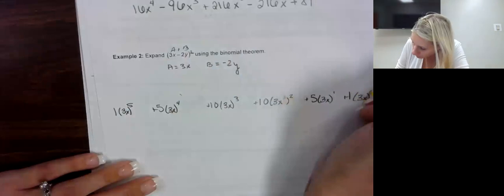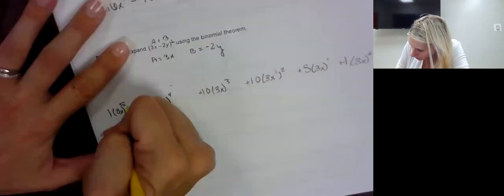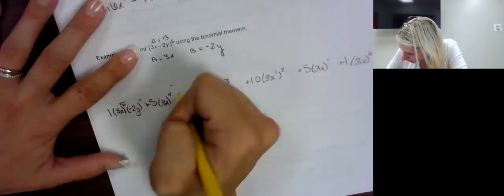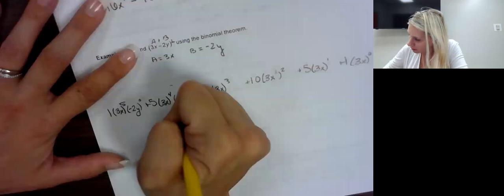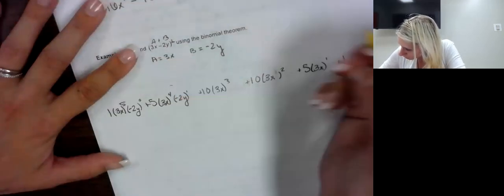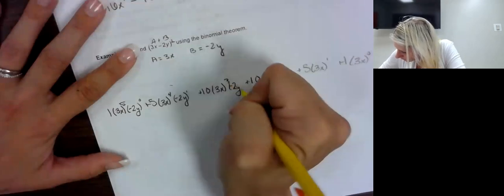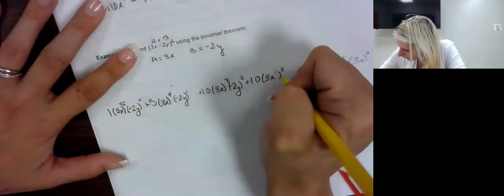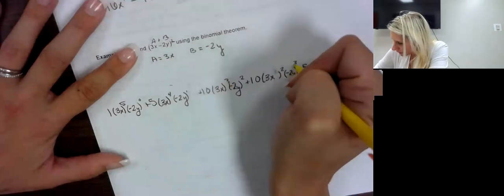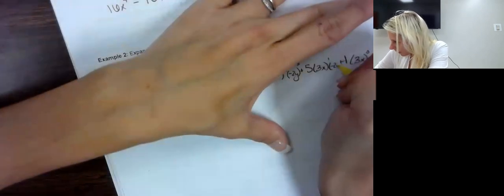My b term, start with 0. Go to, now I'm at 2. Luckily, you guys will have your calculators with you because I'm going to take some time.